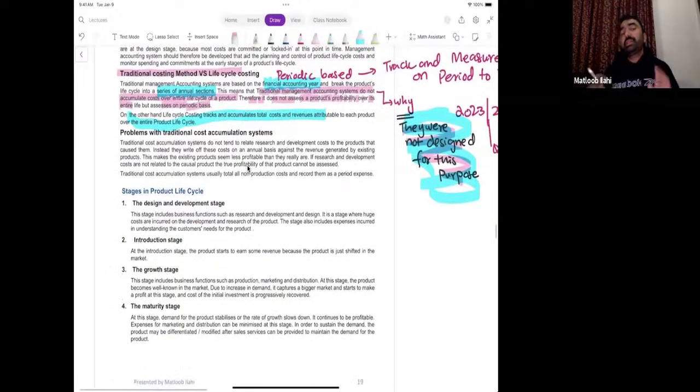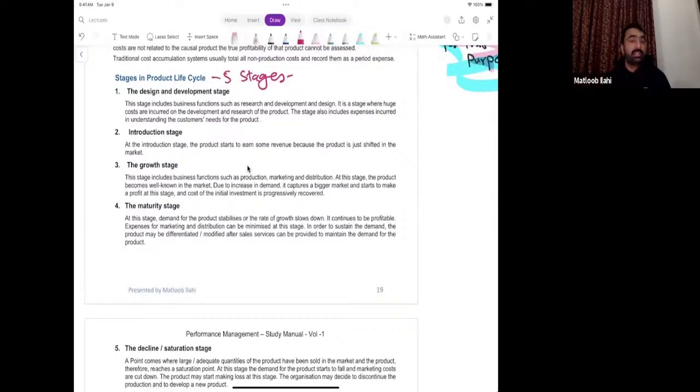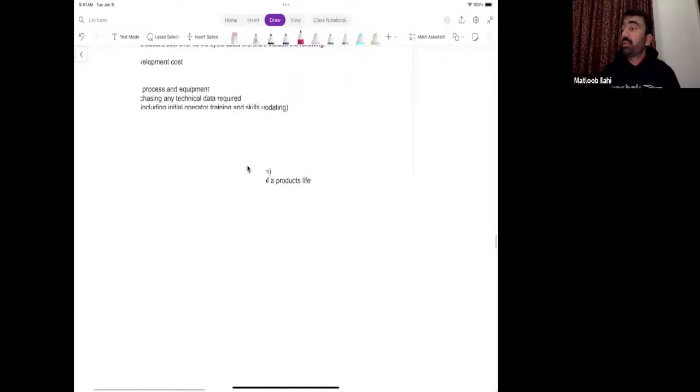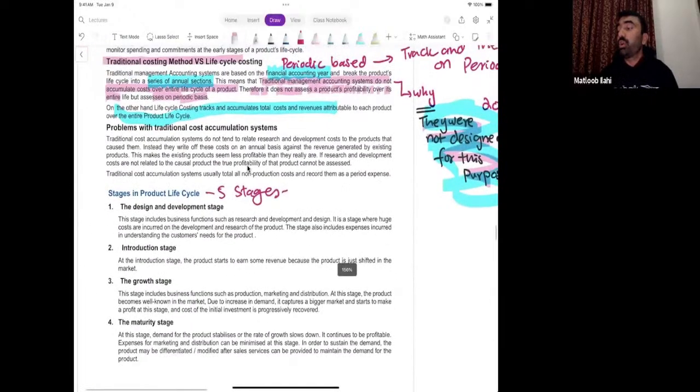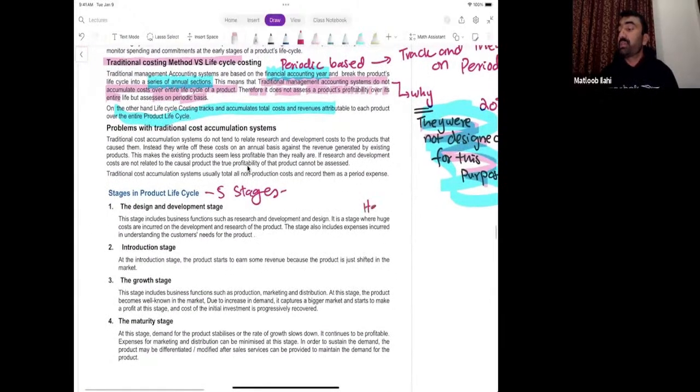Okay, so what are the stages, functions such as research and development and design? It is a stage where huge costs are incurred. Yes. If you think about new product development, a lot of products consume a massive cost in research. For example, think about machine production, different types of heavy machinery, for example.